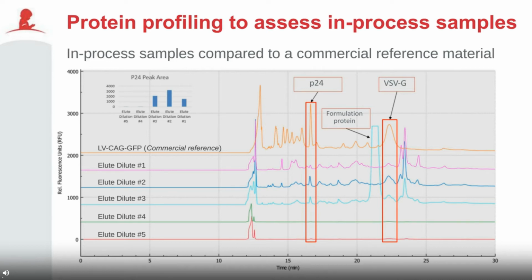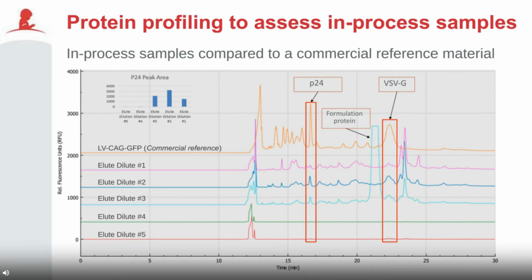So in this chart, what we're looking at, at the top electropherogram trace, you see the LVGFP. That's the commercial standard, and the following 5 samples are elute-dilute samples. They're called elute-dilute samples, and those samples were provided from our process development group here at St. Jude for ABCIX to look at.